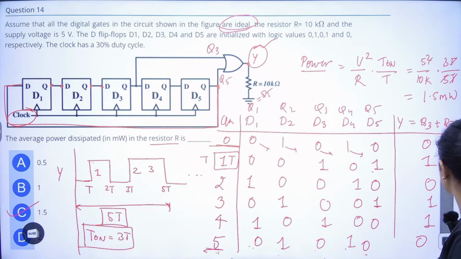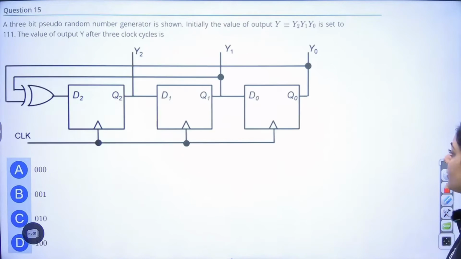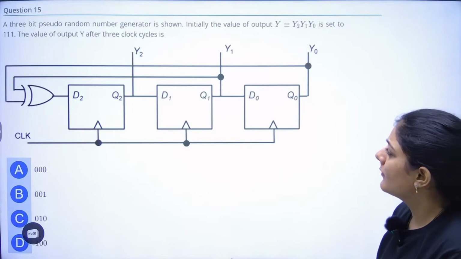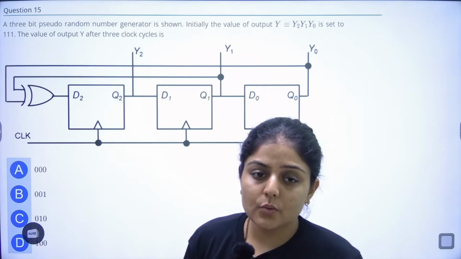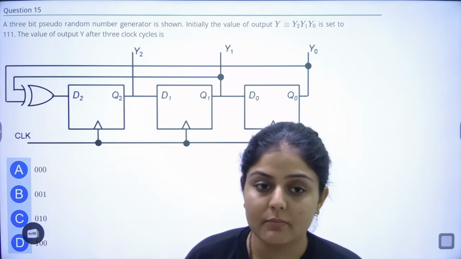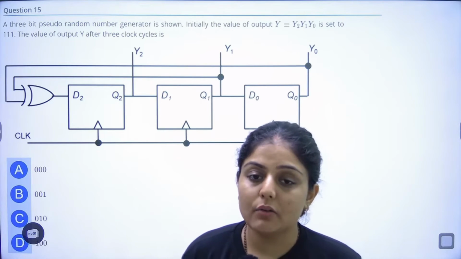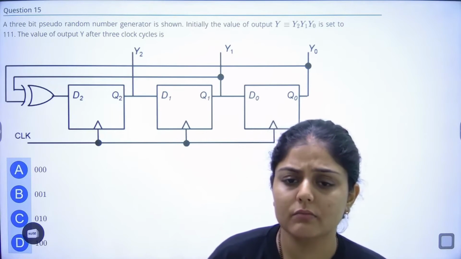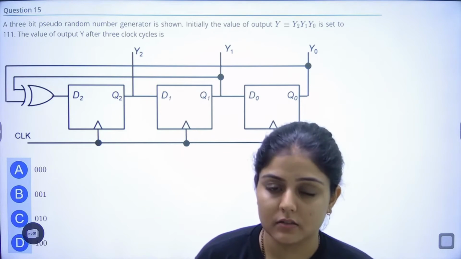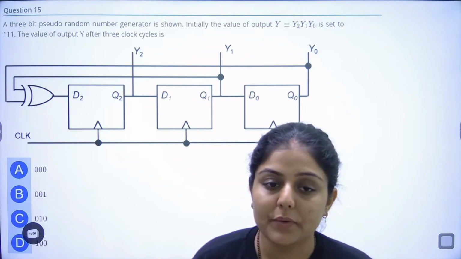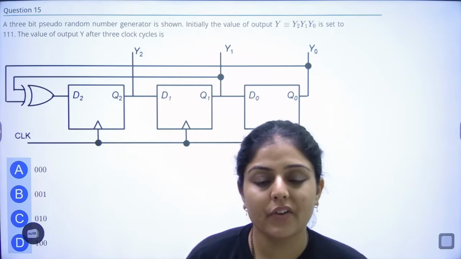Okay. Moving on to the next question. The next question says that a pseudo random generator, so this is a random number generator, is shown. Initially the value of output Y, which is y2, y1, y0, is set to be 111. Find the value of output Y after 3 clock pulses.